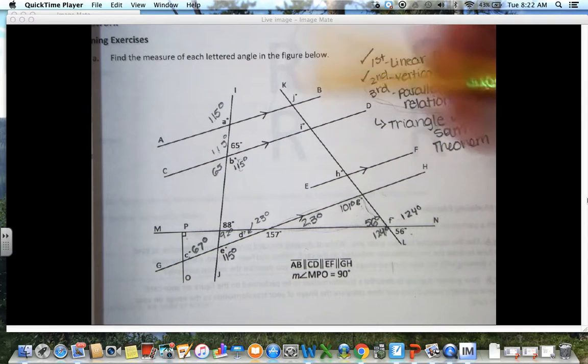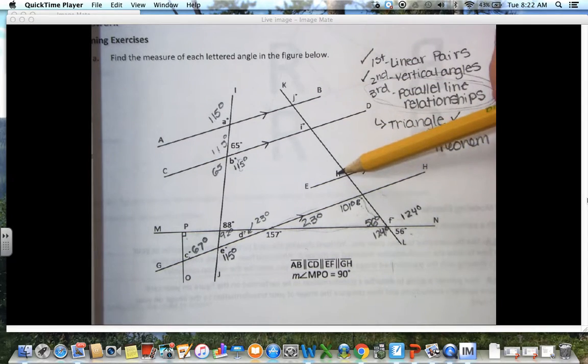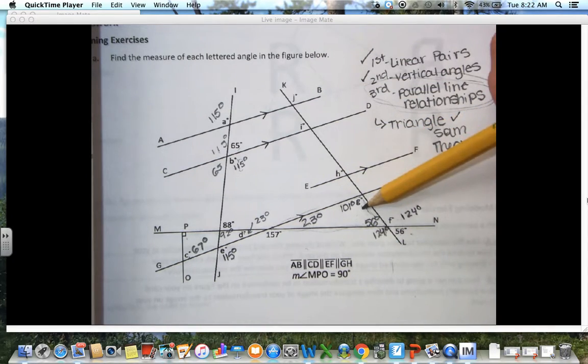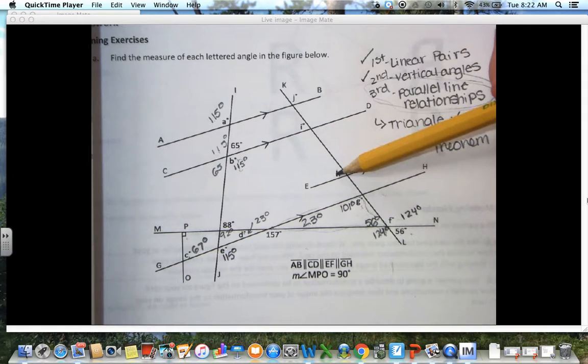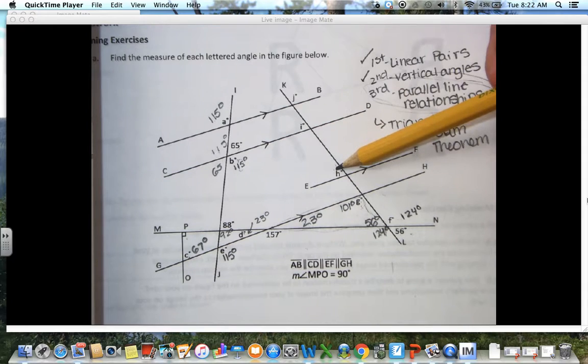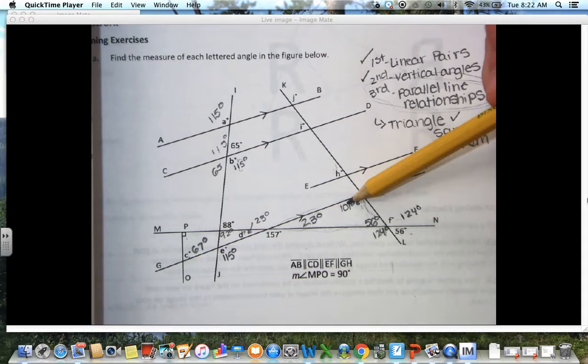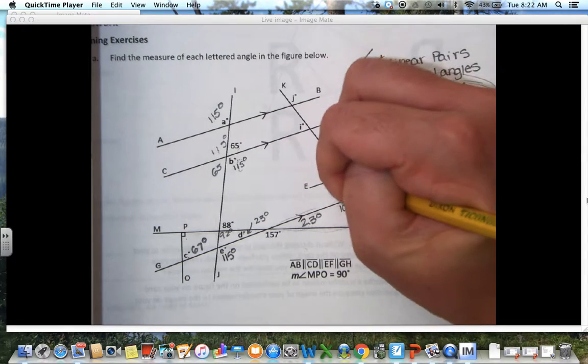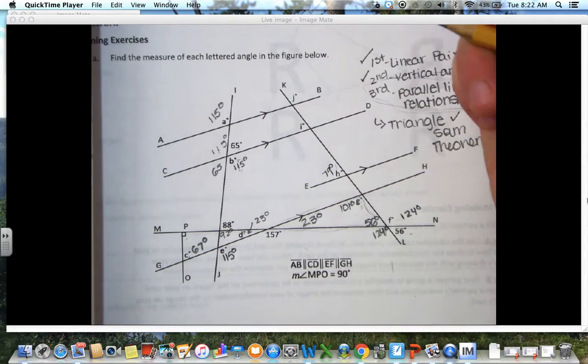Now, there are a couple of ways we can find angle H. We need to understand that angle H is same side exterior with angle G. Same side exterior angles are supplementary, meaning that the two of them add to 180 degrees. So 180 minus 101 gives us 79 degrees.